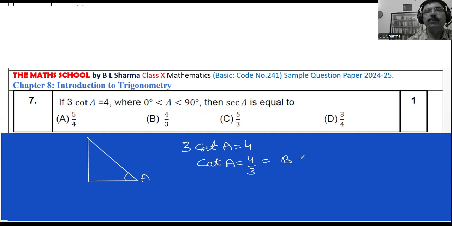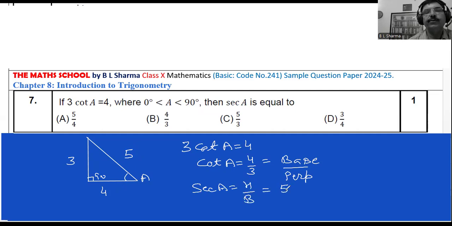And we know cot is base upon perpendicular. So let the base be 4 units, then the perpendicular is 3 units. Using Pythagoras theorem, the hypotenuse is 5 units. But now we know sec A is hypotenuse upon base.